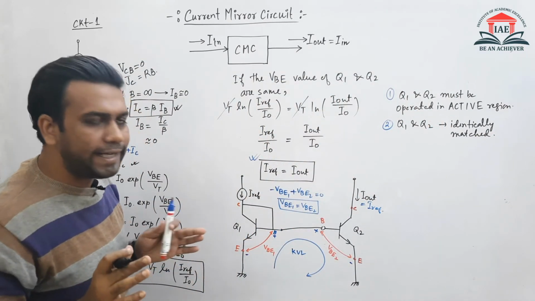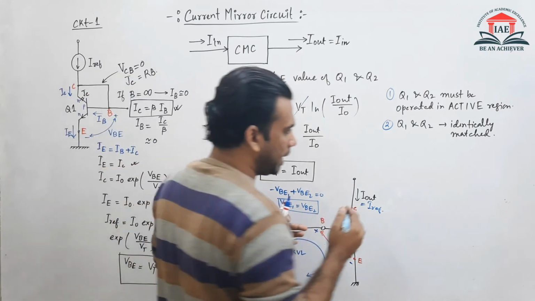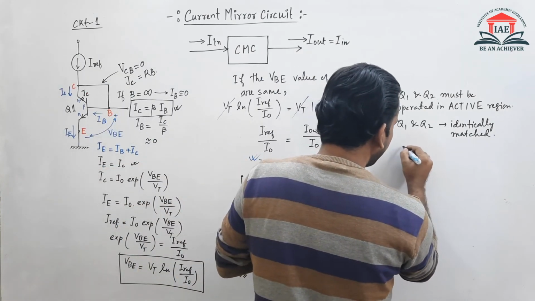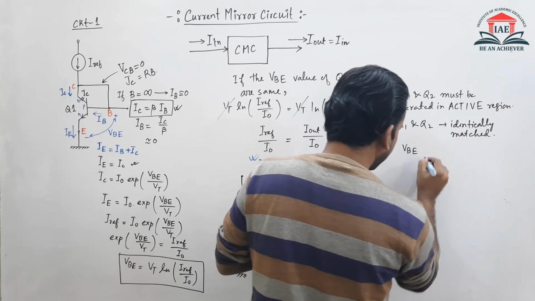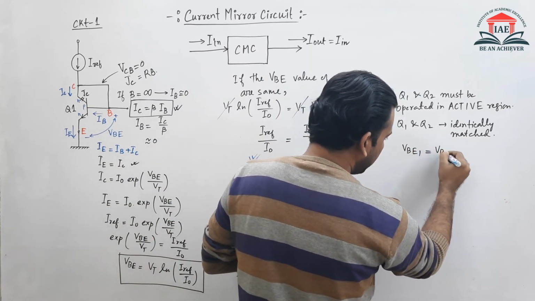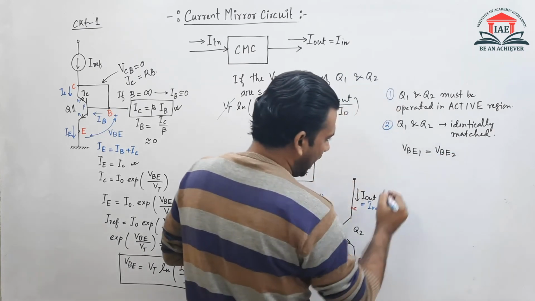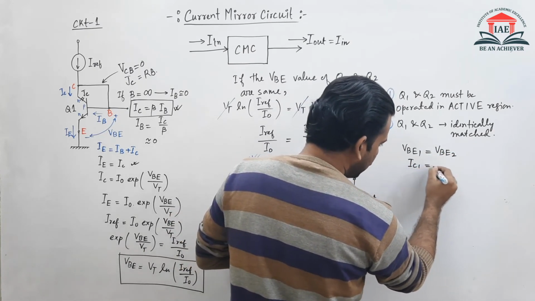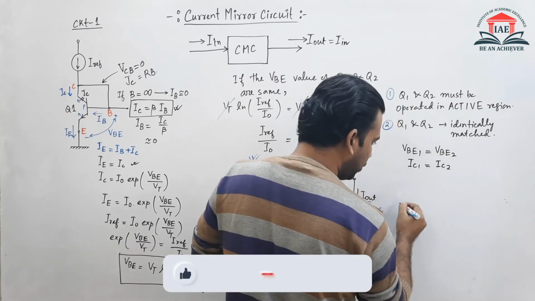So the identically matched transistors मतलब होता है कि मेरा जो VBE है, that is the VBE1. So VBE1 should be equals to VBE2 and IC1 should be equals to IC2.